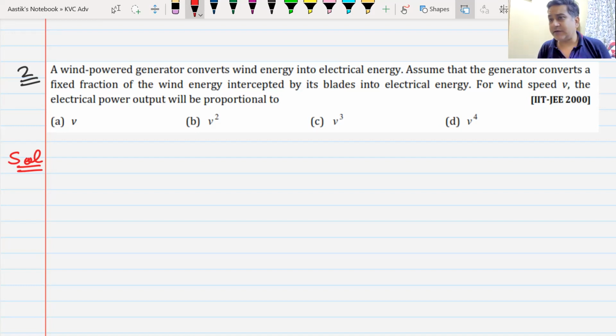It's not a single body of mass m which is hitting some body and generating the force. Whenever such a question comes, what you have to understand is the force that this generates will be given by this formula, rho a v squared. That is one thing that you should remember.